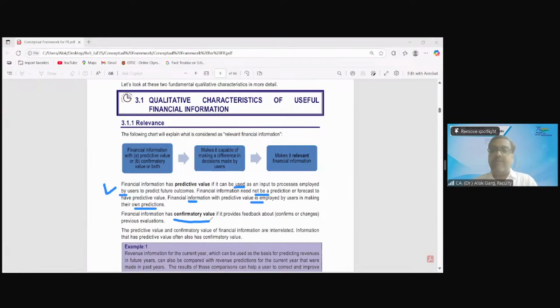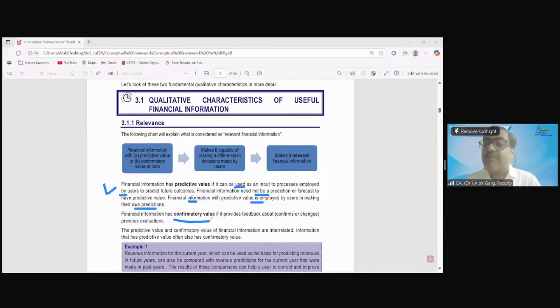Then you say, they have done a tie-up with BlackRock. Now the data says that they will be able to add 5 million users, 10 million users. So you are using the information in the current year financial statement and making your own assumptions and predictions about where Reliance Jio will go. So the financial statement should provide information which gives you a predictive value, so you are able to make your predictions.